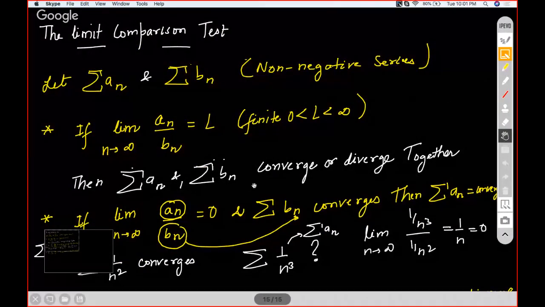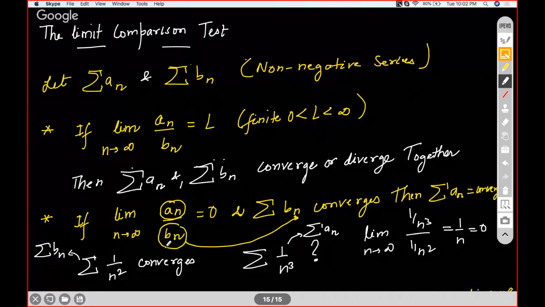But it may fail also. Let's say you found out a bn series and an series. Let's say they are asking you whether an is convergent or divergent. You found out a bn series whose nature is known to you. Let's say that series is convergent.